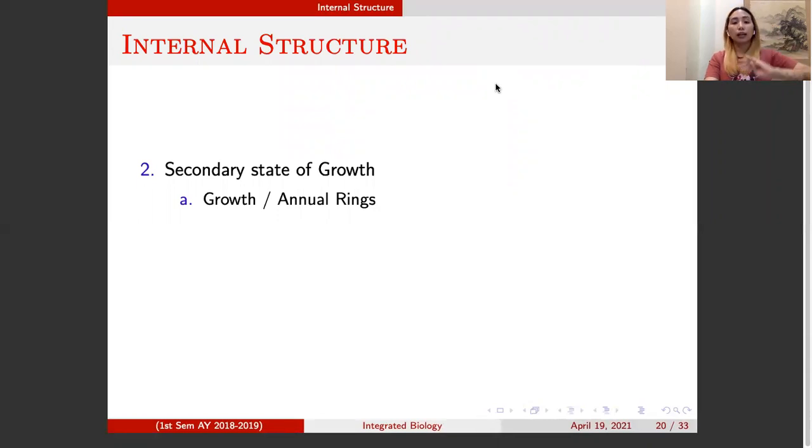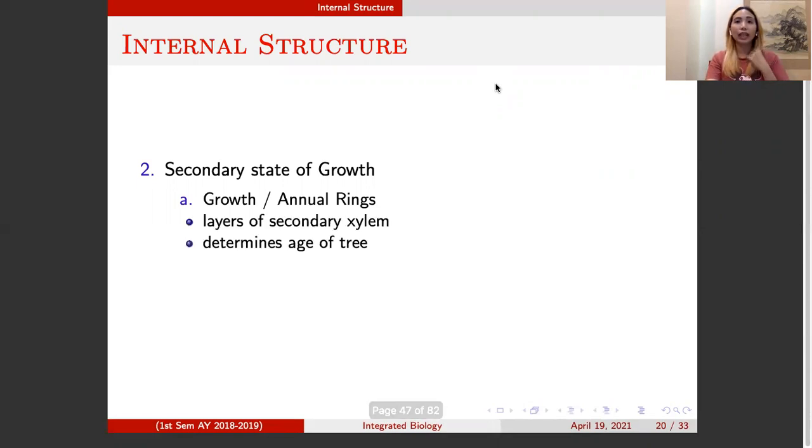So, an annual ring, kaya siya annual kasi yearly na-form yung ring. So, sa isang buong taon, isang layer lang ng secondary xylem ang sino-form ng woody plants.